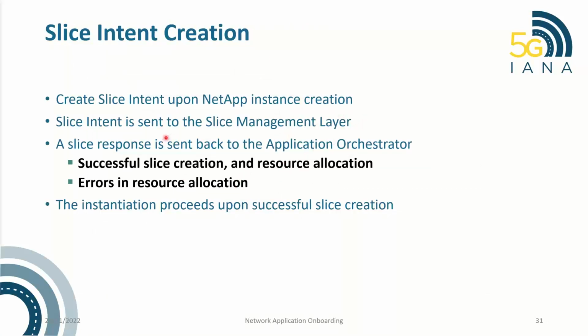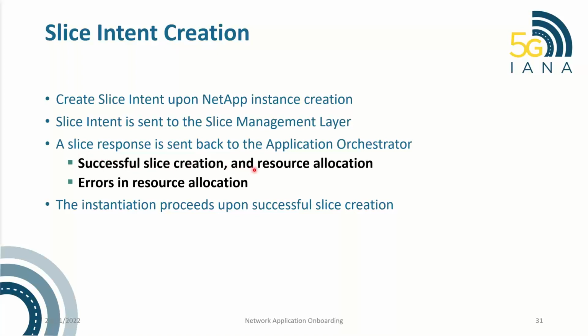As I said before, and then I'm closing with this one, since everything is done and we have specified the different functions and then the NetApp, we proceed with the slice intent creation. And this is another big story, of course, in the whole deployment, because this slice intent from the NetApp is then sent towards the slice manager, whose job is to identify if the requested resources are there.